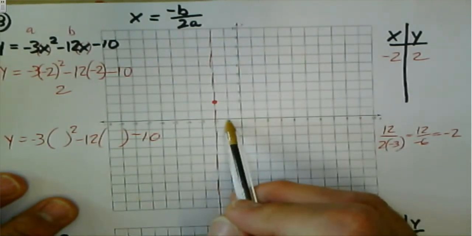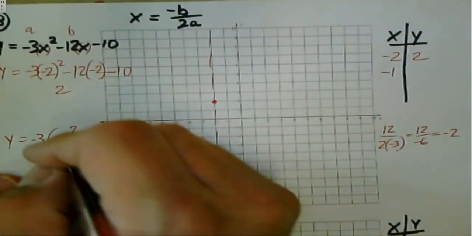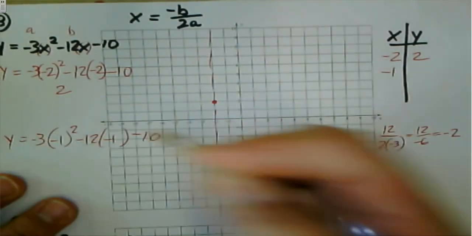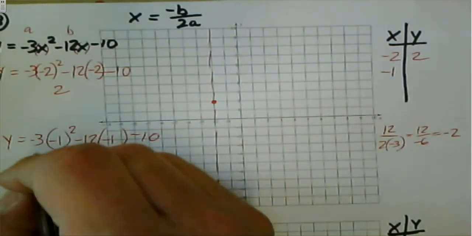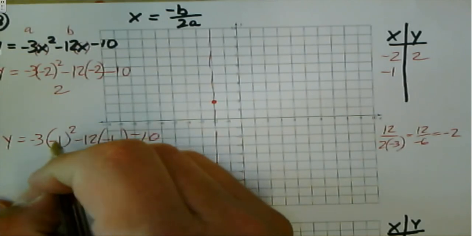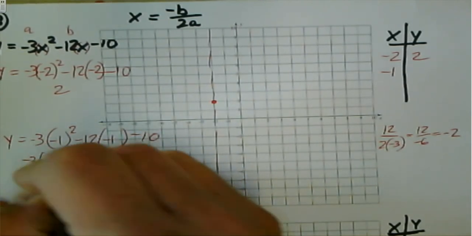We want to find the next one, and I like negative 1. You could use negative 3. And I'm going to put negative 1 in there. Now, if I want to simplify this before I jump into the calculator, I would do negative 1 squared first, which is 1.